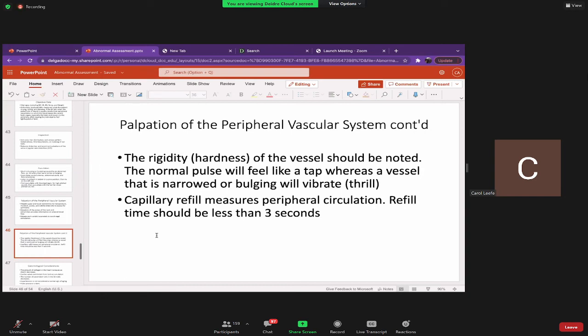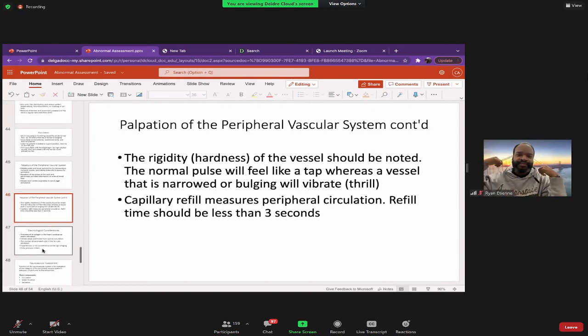And it kind of looks like a spoon. You can see pictures of it if you Google it. And that comes from years of chronic hypoxemia. It will not just show up in an acute respiratory condition. All right, thank you so much.